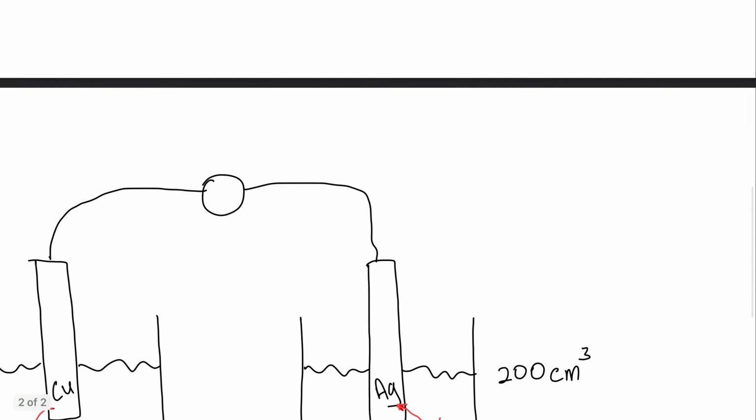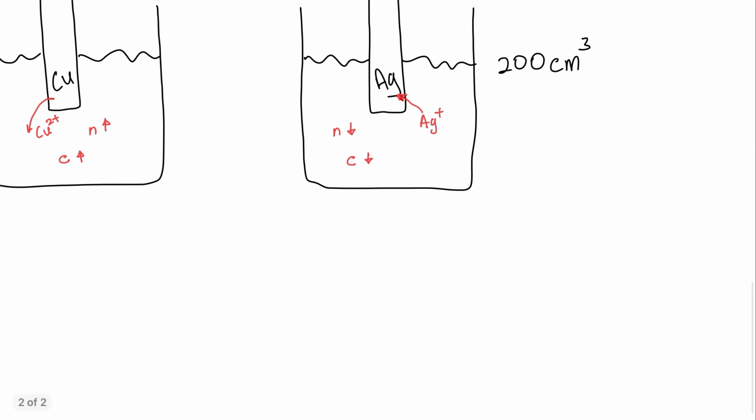So what we can do here is work out the change for the silver, or for the cathode. Initially, the electrolyte had a concentration of 1. Finally, the electrolyte has a concentration of 0.5. Since we know the volume, we can work out the change in the number of moles. The volume is 0.2, the volume is still 0.2.